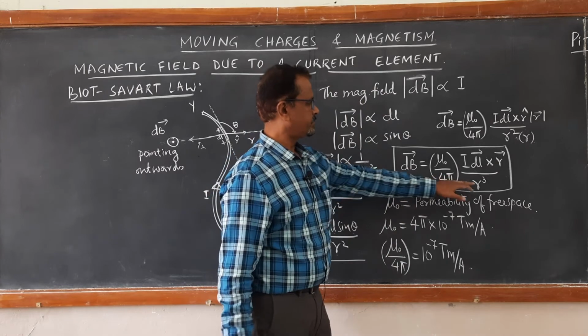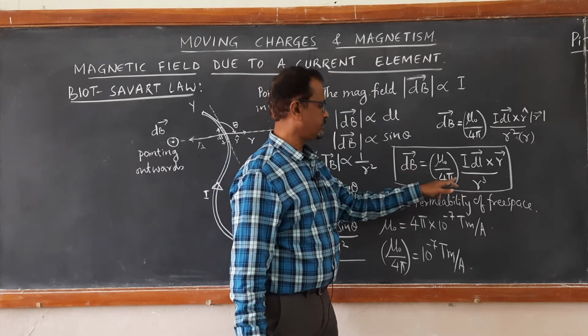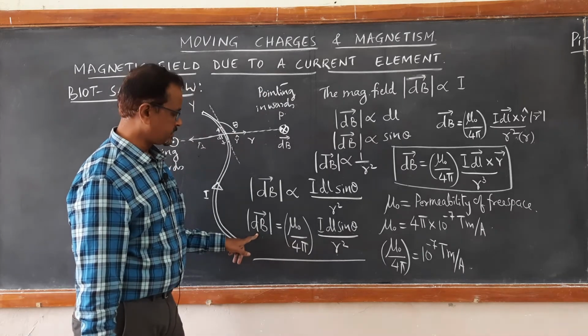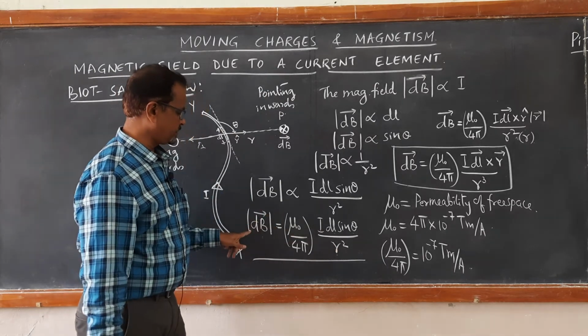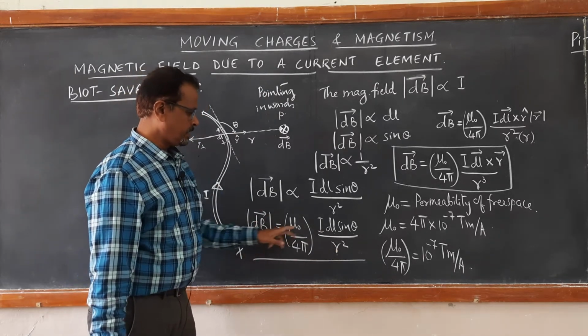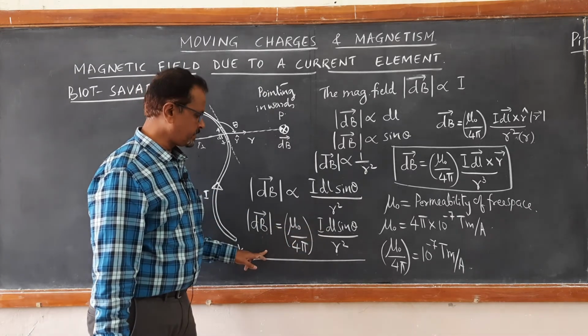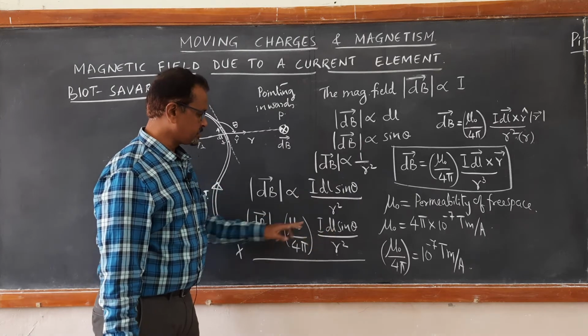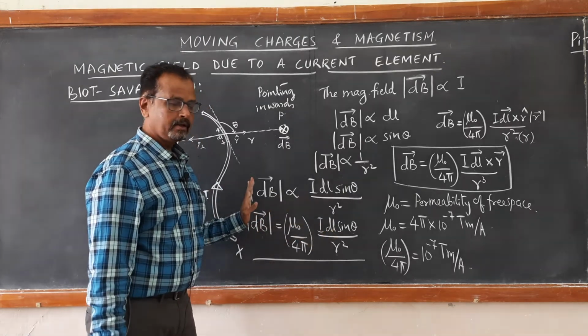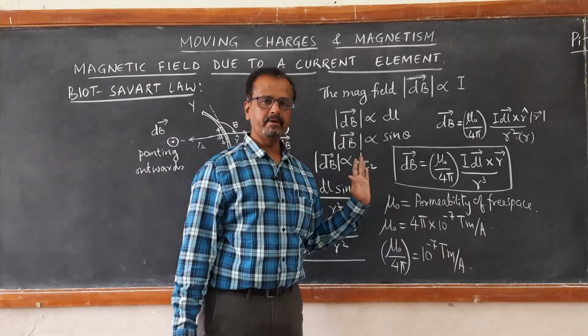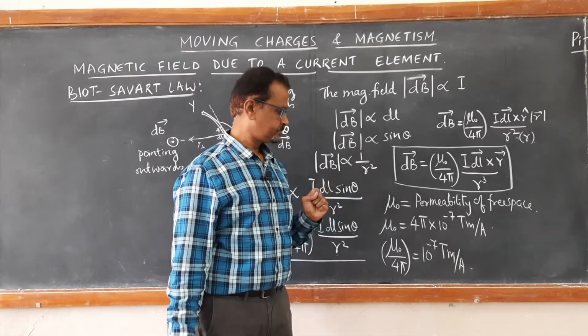Magnetic field is measured in Tesla. Take this r square here, it becomes Tesla meter square by current measured in ampere, and 1 meter cancels with the meter square in the numerator. So we will get Tesla meter per ampere. That is the SI unit of permeability of the medium.